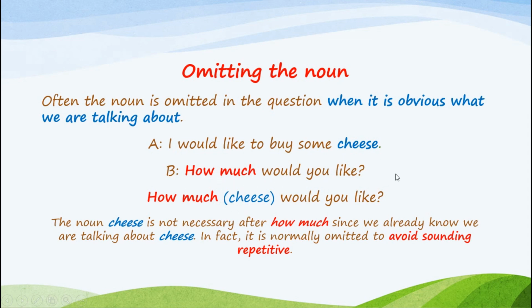Because we know that we're talking about cheese. The noun cheese is not necessary after how much, since we already know we're talking about cheese. We avoid repeating the noun because it sounds repetitive.